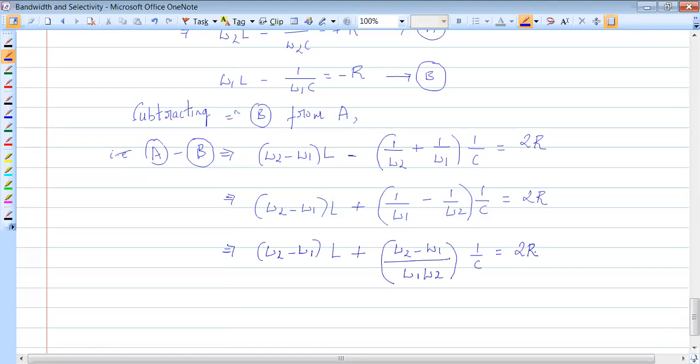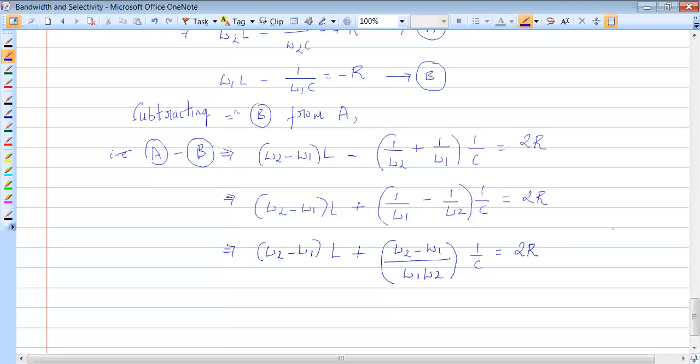Fine. Can anybody unmute yourself and tell me what is omega 1 omega 2 in terms of L and C?